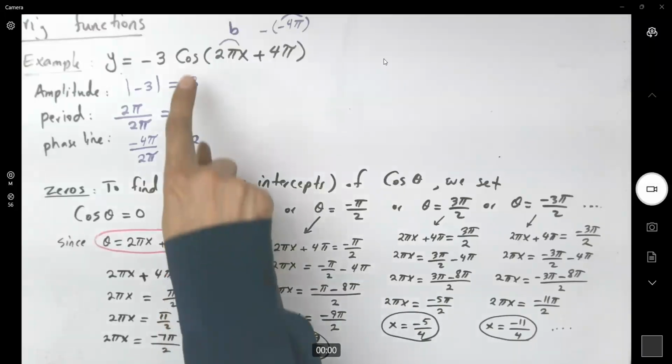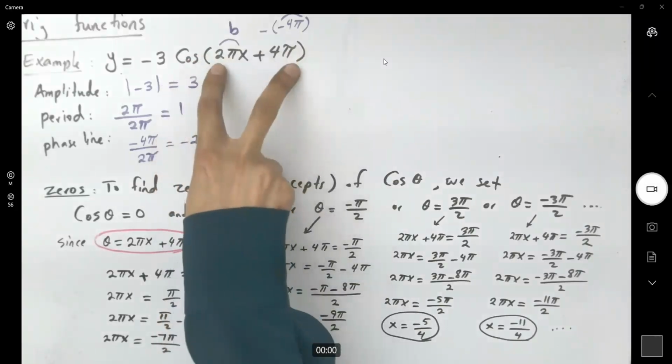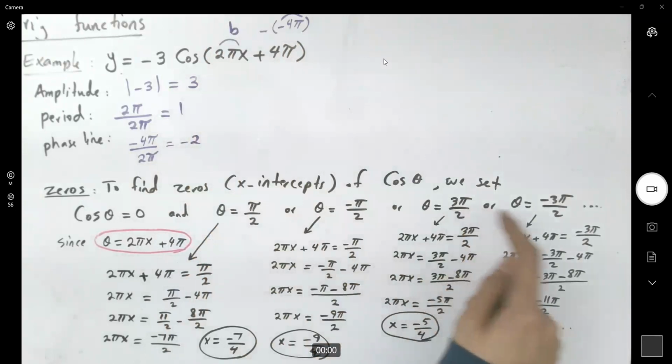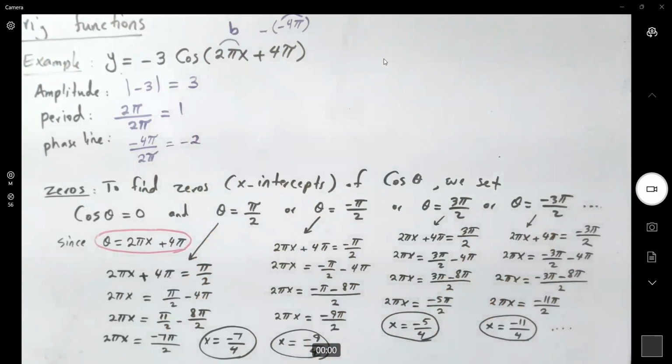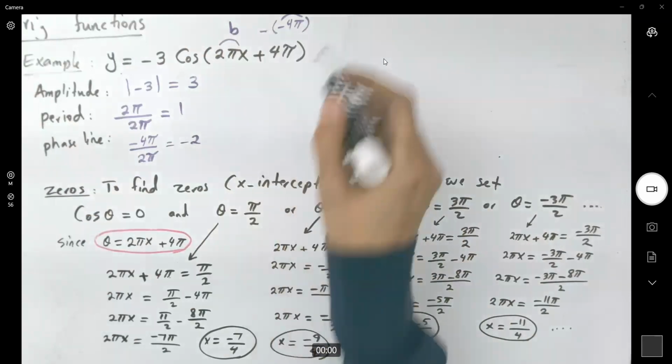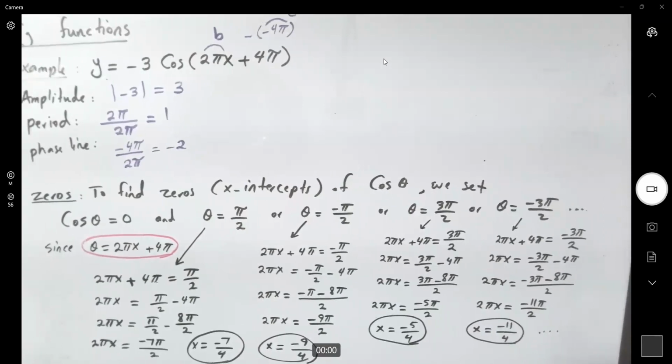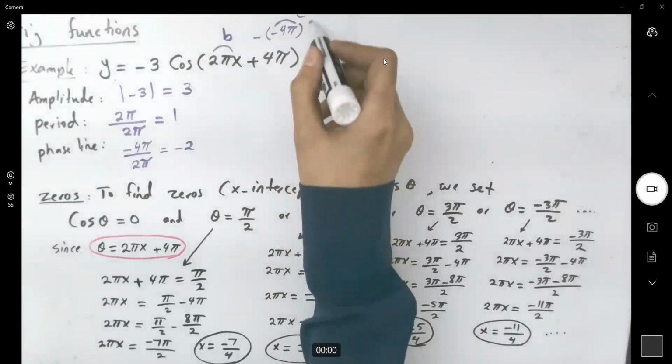So as you can see, for cosine of theta, we set this equal to pi over 2, negative pi over 2, 3 pi over 2, negative 3 pi over 2, and the rest of the angles that make cosine equal to 0. So suppose I make this function different. If I, for example, were to work with sine, the whole story will be different.